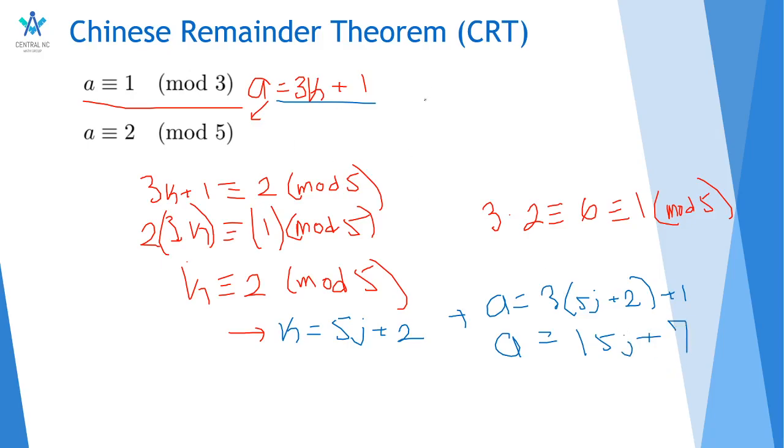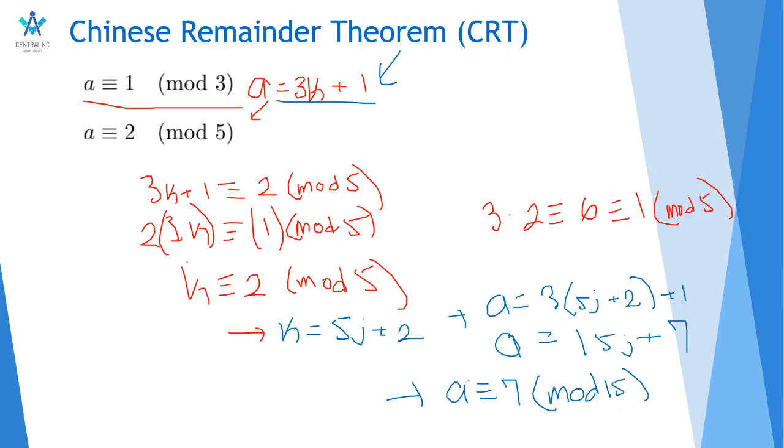Well, remember how we wrote this equation right here? We can actually reverse that into a congruence. And we know that this equation tells us that whenever A is divided by 15, it leaves a remainder of 7. So in fact, we can actually write this as A is congruent to 7 mod 15.